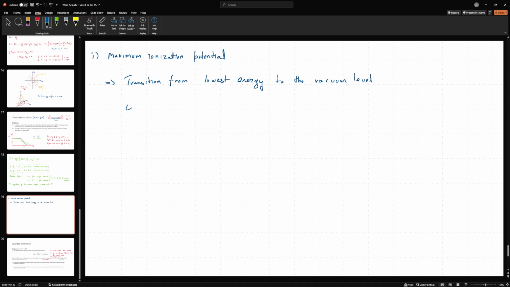So that implies E1 going to E infinity. So the energy, therefore, delta E can be written as E infinity minus E1. So that is going to be 0 minus of minus 25 upon 1 squared. So let me just write that here for clarity's sake.